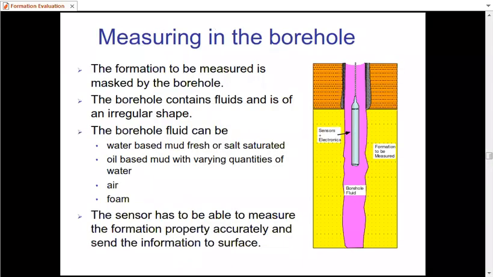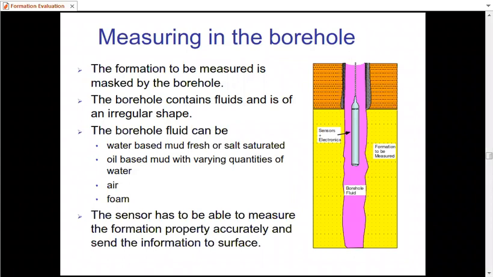When we are talking about measuring in the borehole, the formation to be measured is masked by the borehole, and the borehole contains fluids and is of irregular shape. This fluid may be drilling fluid, completion fluid, hydrocarbon fluid, and so on.